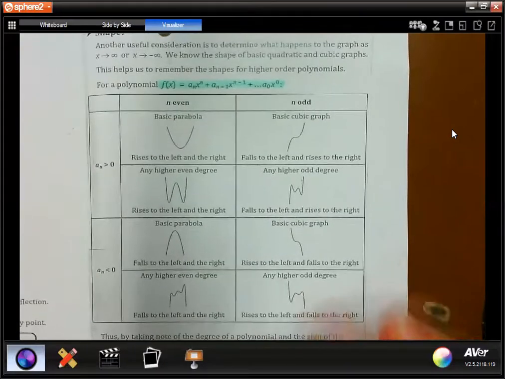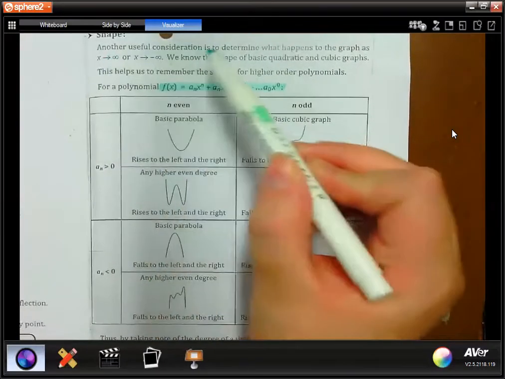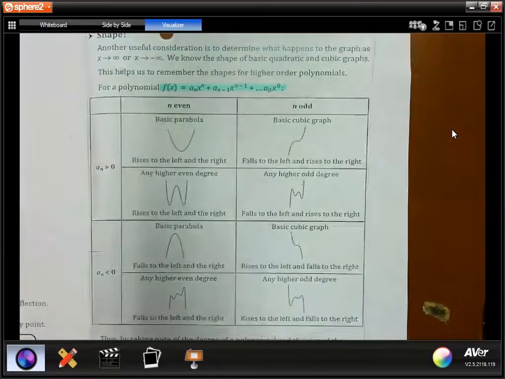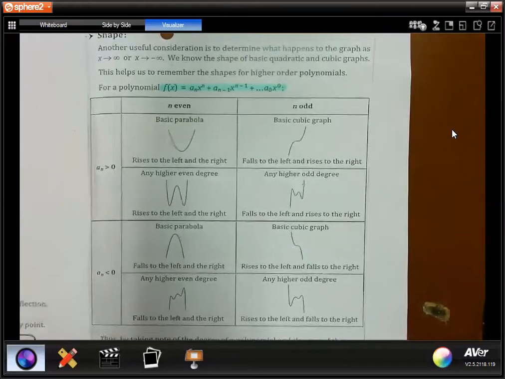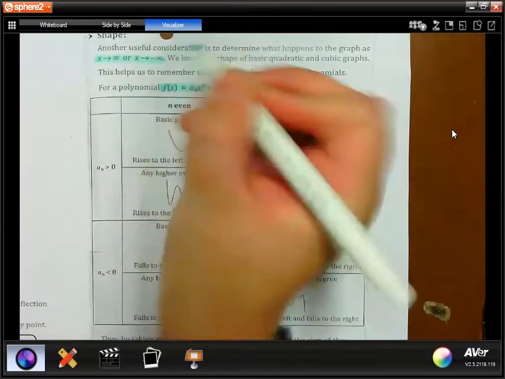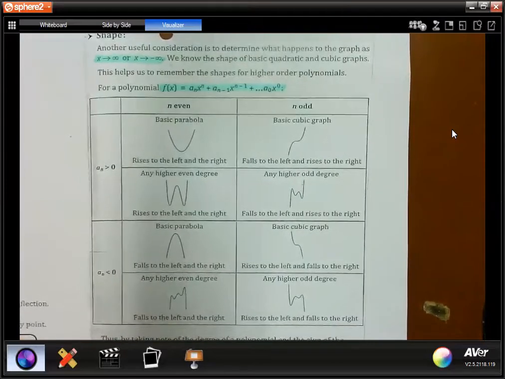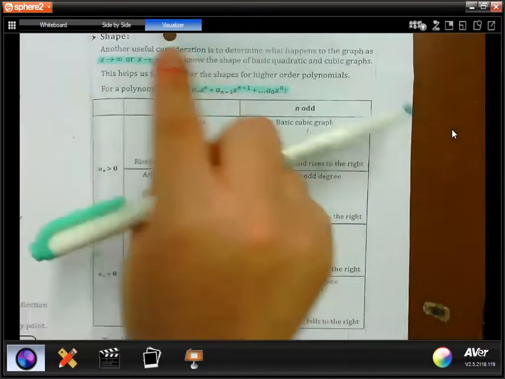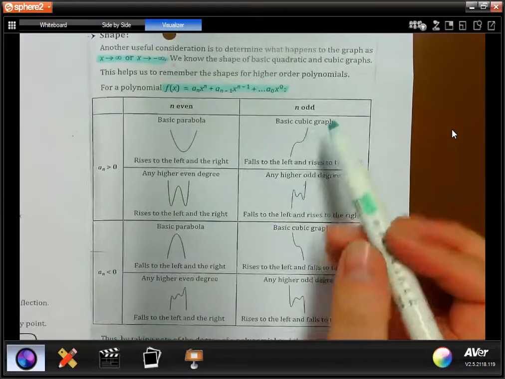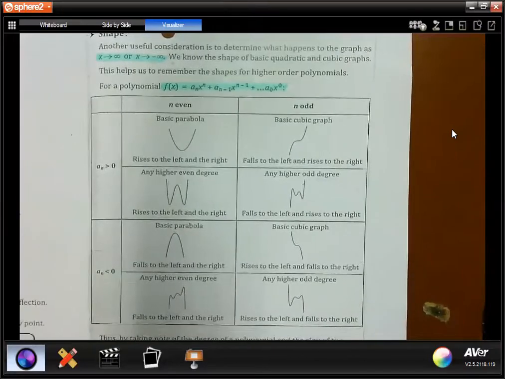They say right there at the top, to determine what happens to the graph as x tends to infinity, so to the right, or as x tends to negative infinity. That's what this table is summarizing. In between those two parts, you can have all sorts of turning points, x-intercepts, and so on, but this table is just talking about what happens to the left and to the right.